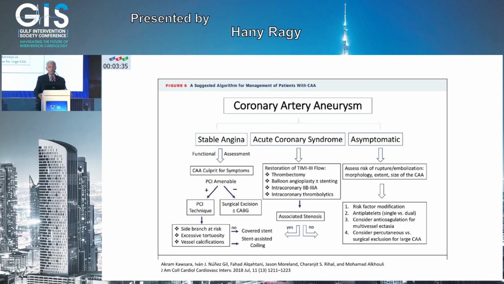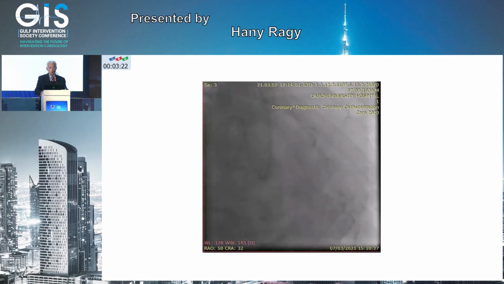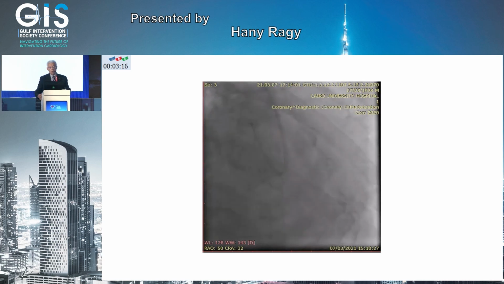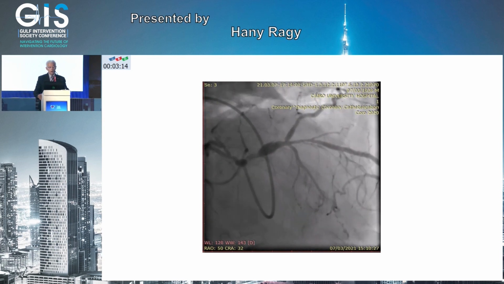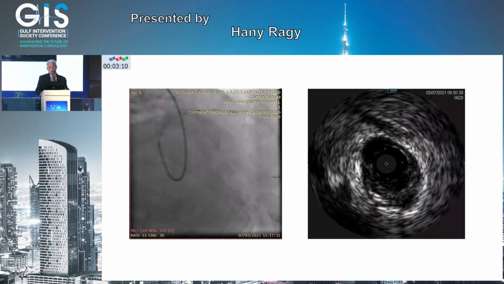If you don't have a lesion, restore flow and treat those patients medically with drugs.